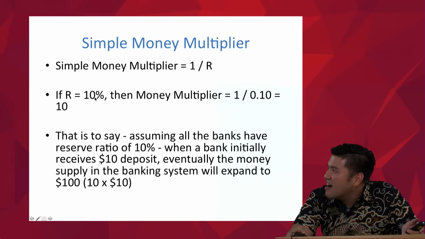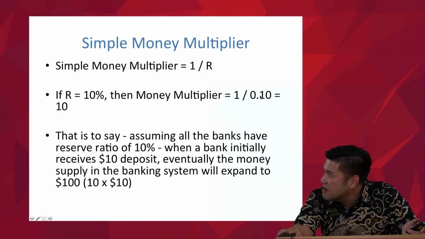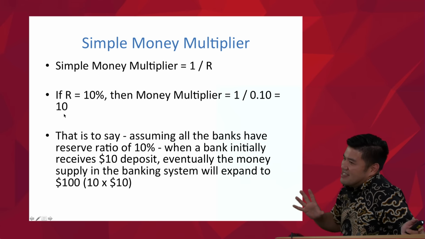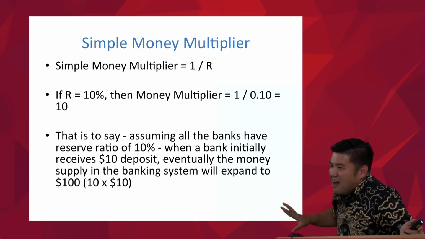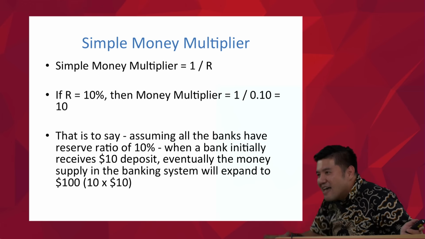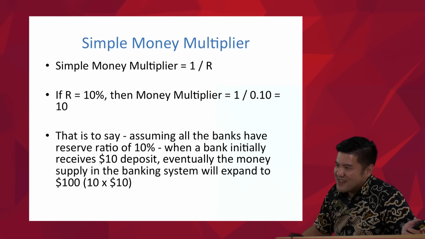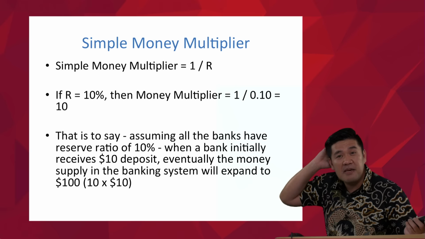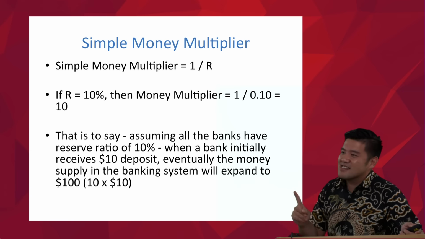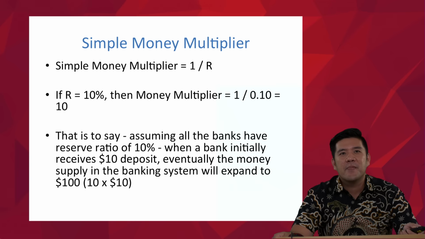See, if R is 20%, that means 1 divided by 20%, 1 divided by 0.2 is equal to 5. Okay? That makes sense, guys. If the commercial banks are holding more money in their reserves, that means less lending happens in the system. Yes or no? So effectively, this money multiplier effect is going to become weaker as the reserve ratio goes up.